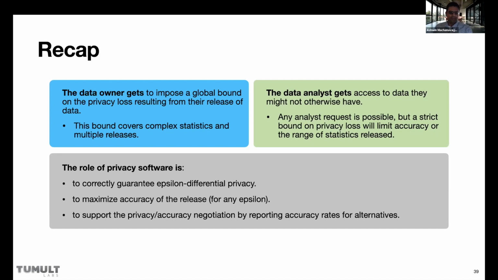Before, there was a lot of burden put on the data owner to do all of the privacy analysis. That can be pushed down to this privacy software so that it ensures epsilon differential privacy, profiles the error, tries to maximize accuracy for the release for any epsilon, and supports this negotiation.